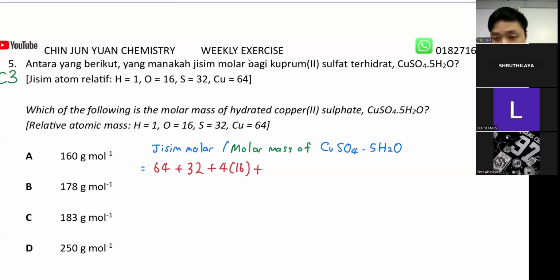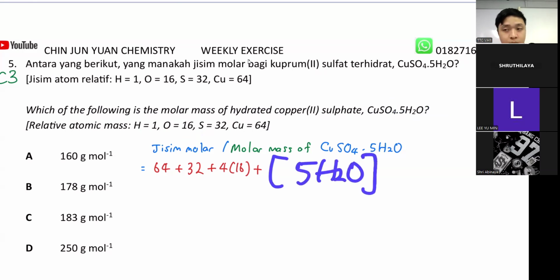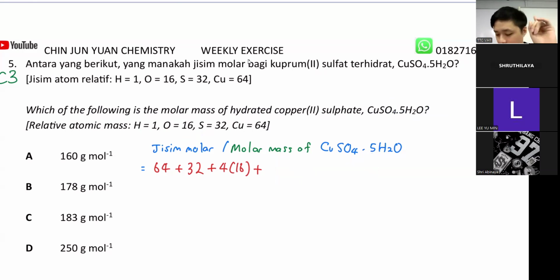Okay, the problem is, a lot of students go wrong about this part. CuSO4 dot 5H2O. The dot will just continue to plus. It means you got plus 5 water. Now, many students miss this. The 5 is for the whole water.